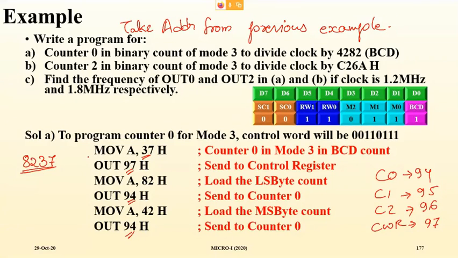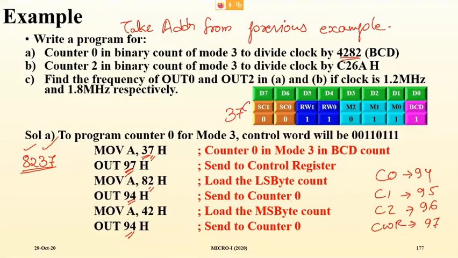The BCD number 4282, if you try to convert it into hexadecimal, you will get 8237. So 37 is your lower significant byte, and then you have the upper significant byte. The lower significant byte goes to the control word register, so control word register 37 is this one.